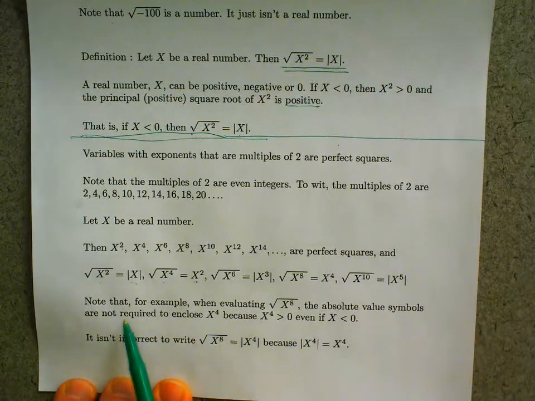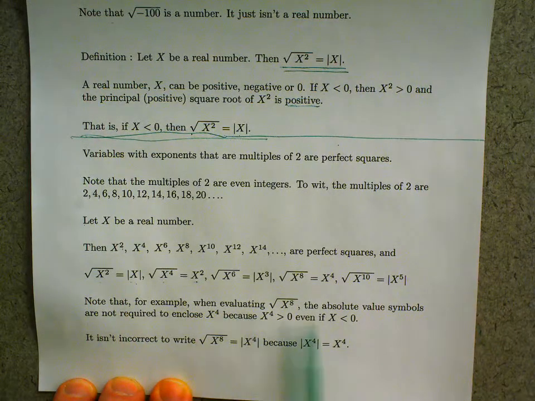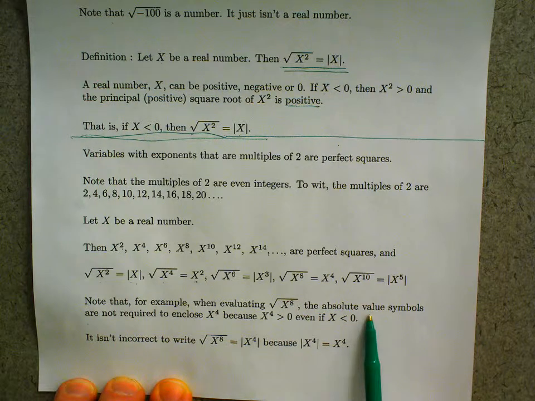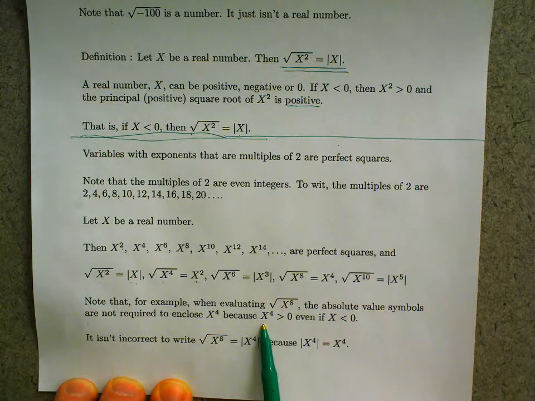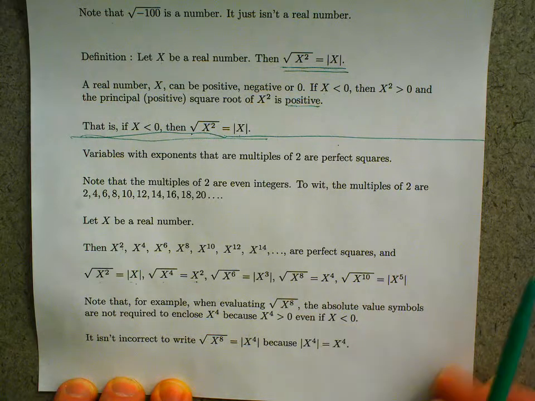Okay, note that, for example, when evaluating the square root of x to the 8th, the absolute value symbols are not required to enclose x to the 4th, because x to the 4th is greater than 0 even if x is less than 0.